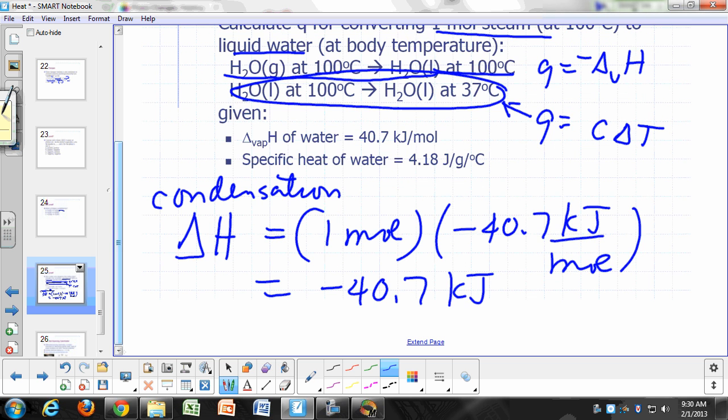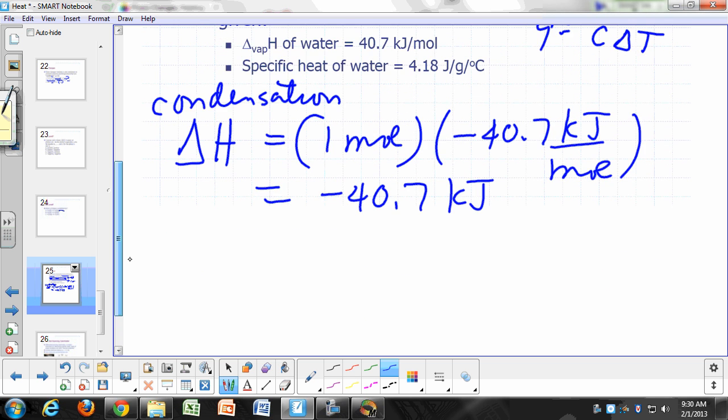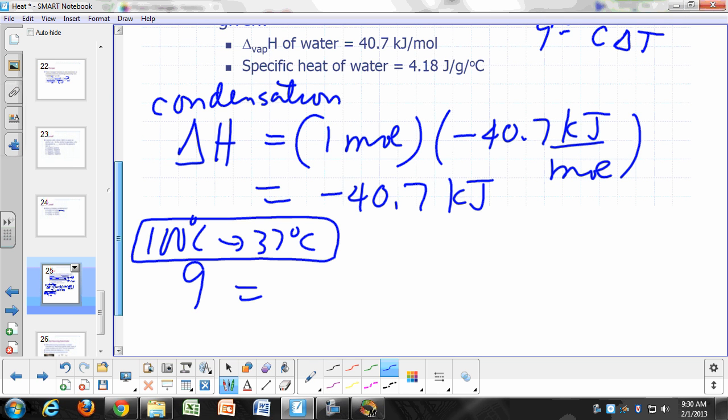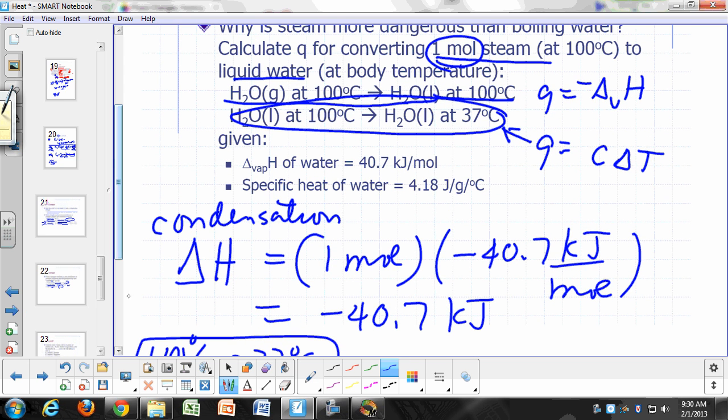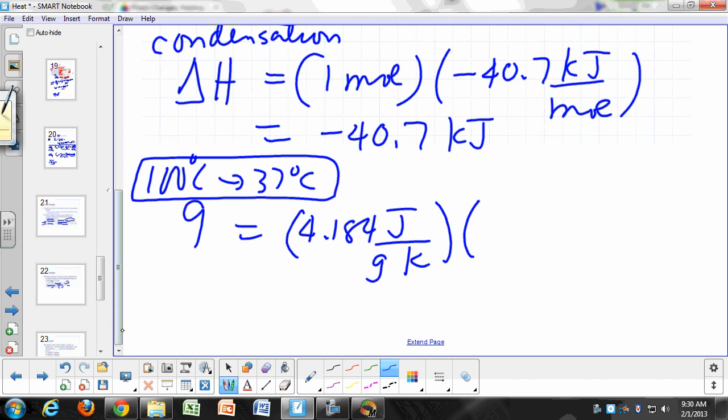All right. Let's look at Q. To go from 100 degrees Celsius to 37 degrees Celsius, which is your body temperature, Q is equal to the heat capacity of water, which is how much? Okay, 4.184 joules per gram Kelvin, right? What's the mass of the water? 1 mole of water, 18.02 grams per mole, right?